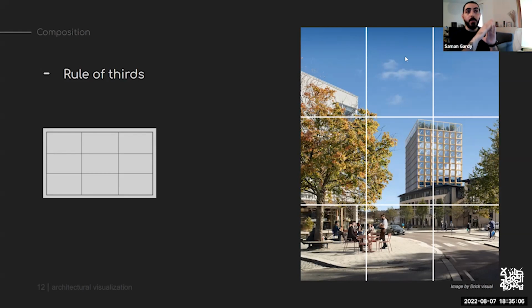Here also the aspect ratio plays a big part, because here we have a vertical aspect ratio, but let's say if we had the landscape one and we moved at the angle, it wouldn't be in the 1/3 of the image, or the point wouldn't be exactly in the center of the building.